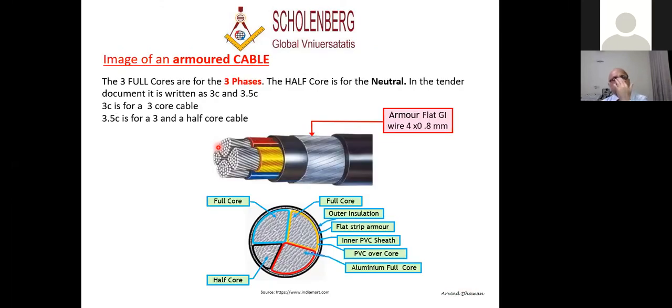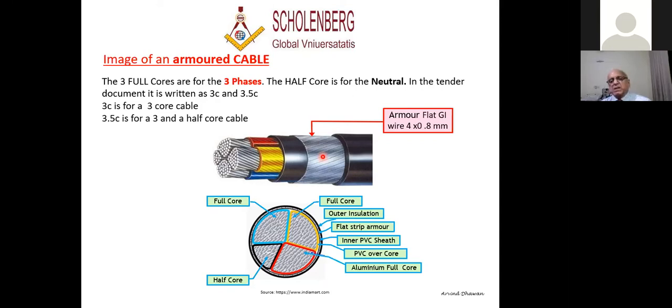Now here is what a cable looks like. We have 1, 2, 3 full cores, big size, and 1 half core. Then PVC over the cores. Then we have another sheath over it, so the first coating of PVC, then a second coating of PVC. Then we have GI armor.